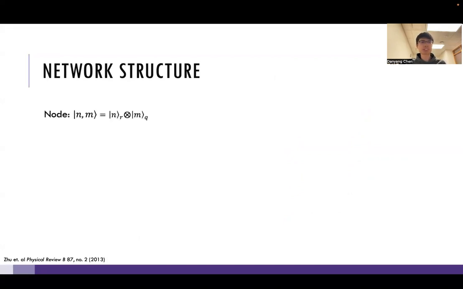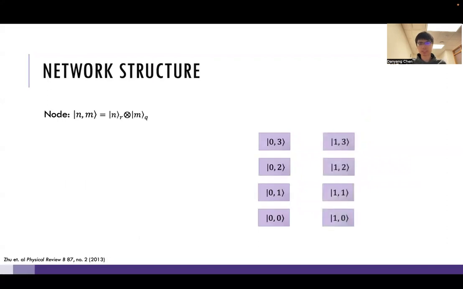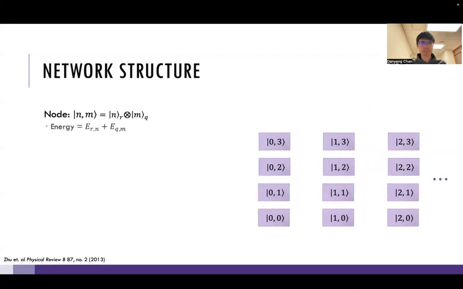We can represent each bare state as a node. As I represented here, there are nodes representing different bare states, and there are infinite copies of qubit states. Each of the nodes has a bare energy equal to the sum of the bare mode energies.